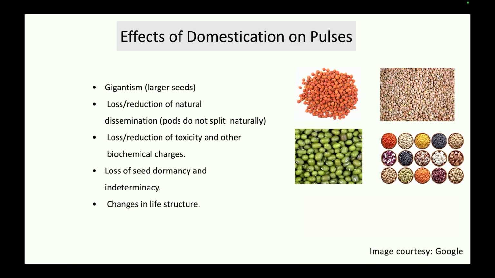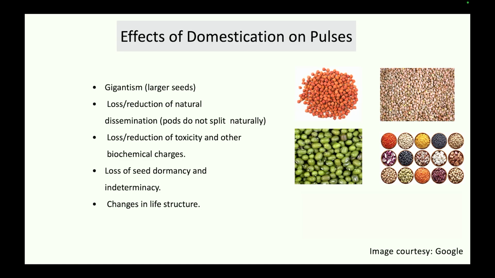Together, these traits reflect the shift from wild, naturally adapted plants to cultivated forms, optimized for agriculture and human consumption.